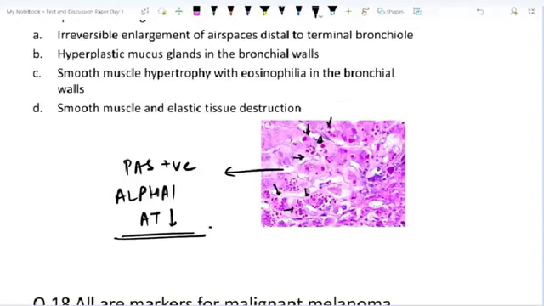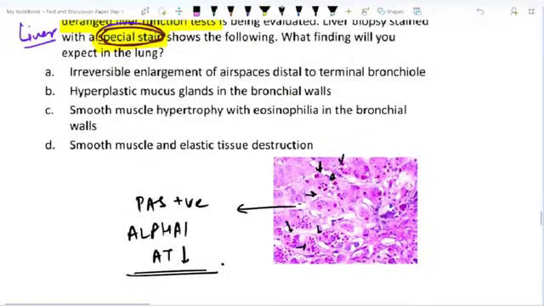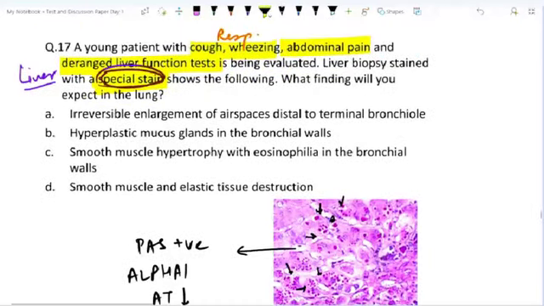And alpha-1 antitrypsin deficiency is actually because of a misfolded mutated protein that remains within the hepatocytes, and there is a deficiency within the lung, and in the lung it causes destruction of the air spaces, it causes enlargement of the air spaces, and this is the definition of emphysema. So which emphysema do you get? Pan-acinar emphysema.